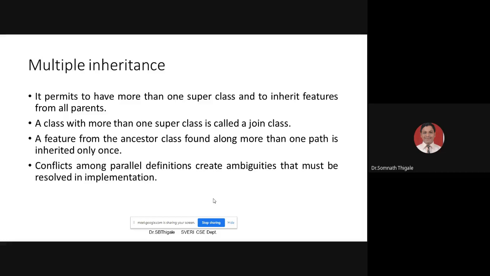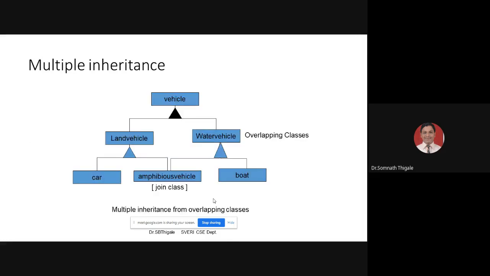So it permits having more than one superclass, to inherit features from all the parents. A class with more than one superclass is called a joint class. A feature from the ancestor class found along more than one path is directly inherited from that particular class. We'll see one more example to understand.